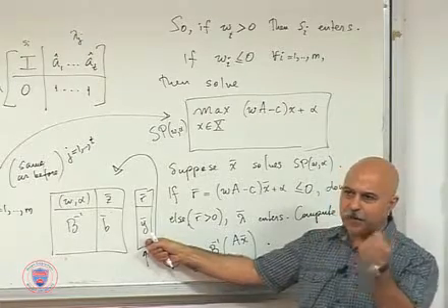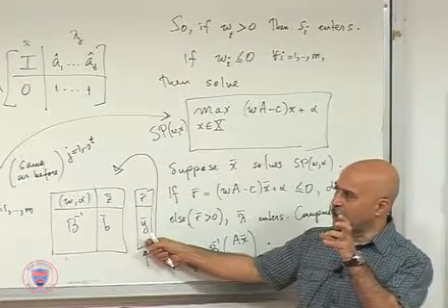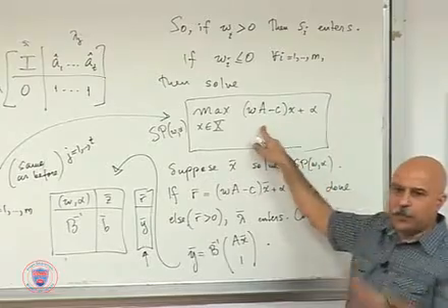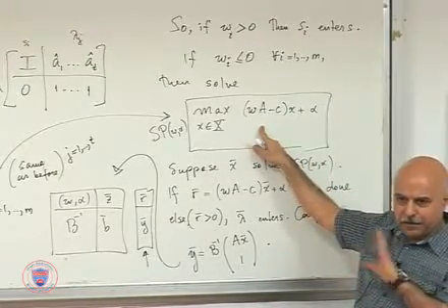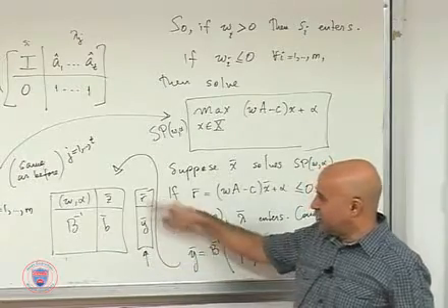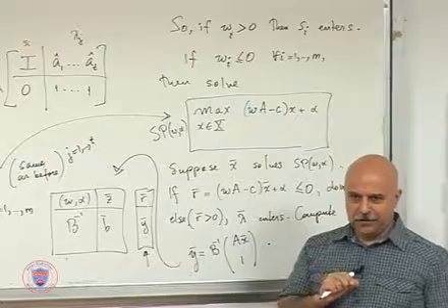By the way, by assumption, capital X is assumed to be bounded here, so this cannot have an unbounded solution, okay? For this reason, you're not going to encounter an unboundedness situation here.